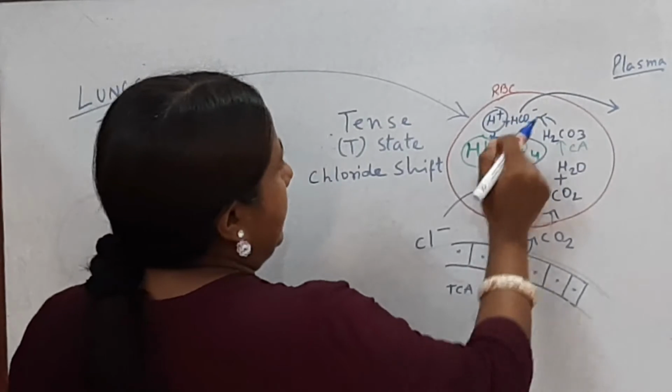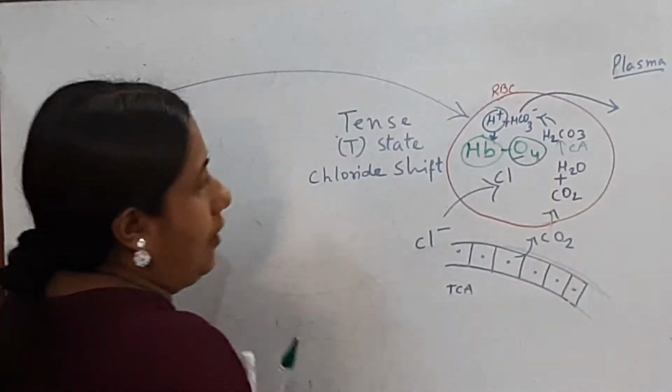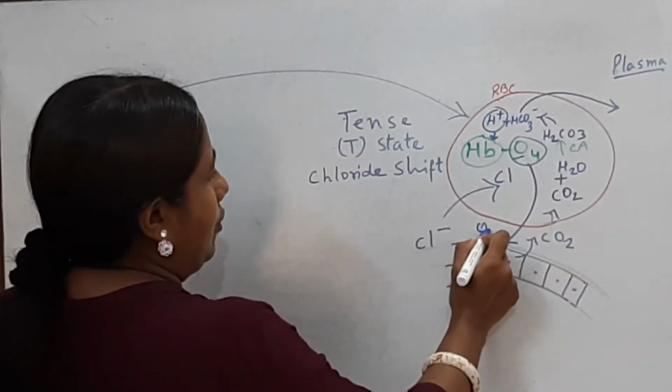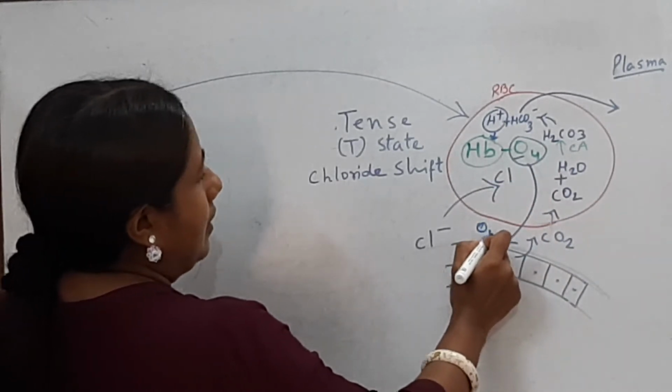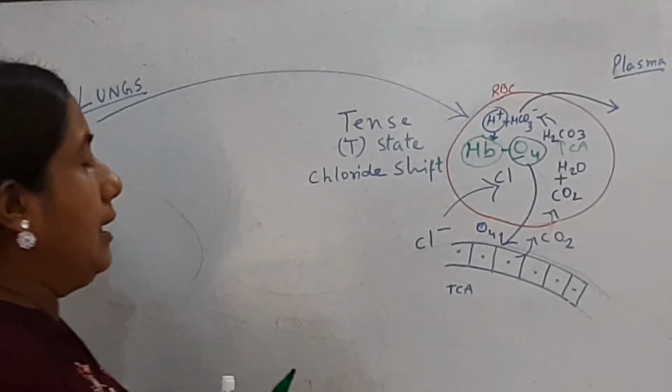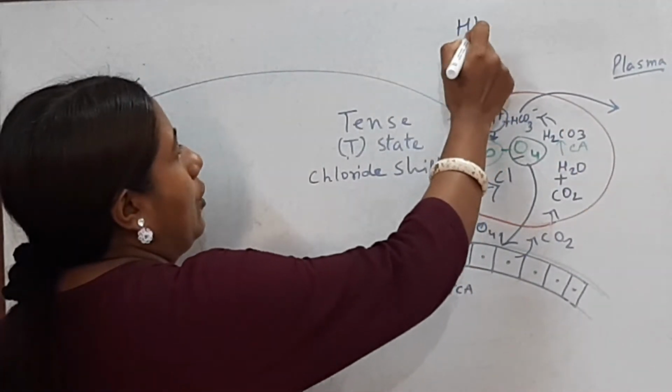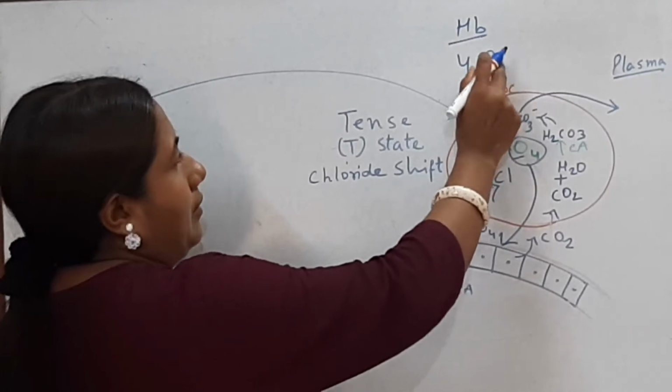Okay, so here you see this oxygen diffuses out from the RBC. Now in the physiological condition, one hemoglobin molecule is bound with 4 molecules of oxygen.